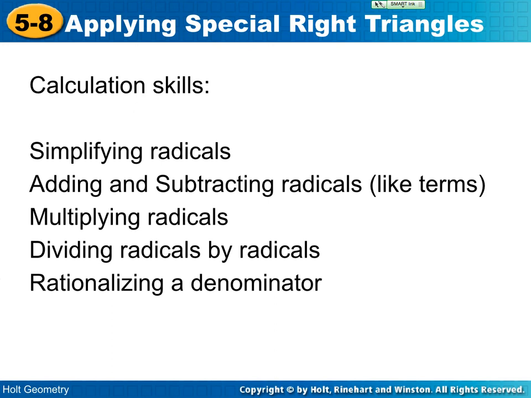Then there's a process that's called rationalizing a denominator. Did I put that specifically on your notes? Rationalizing a denominator, maybe it's down below. Okay. We'll hit it again once it comes up in our lesson. But if we have something like 4 divided by the square root of 3, we do not leave square roots in the denominator.